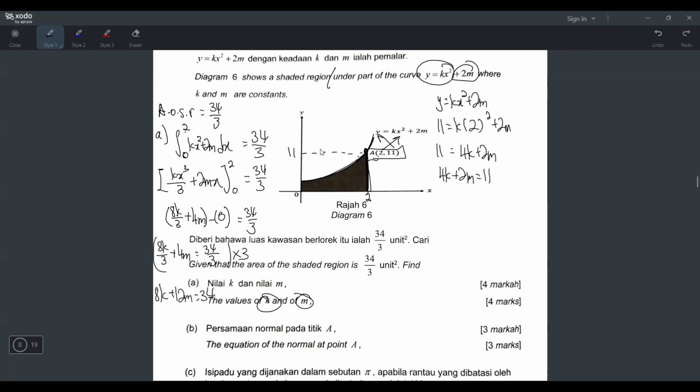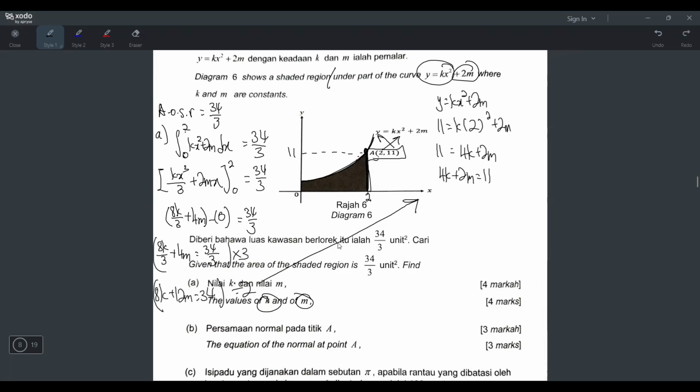Okay, I think I will choose to do the elimination method. And the way we do the elimination method is to try to make the coefficient of k the same, or make the number in front of m the same. Because when the number in front is the same, we can eliminate, right? Okay, I will make the number in front of k the same, because this one is 8k, right? So I will take this whole equation, divide by 2, and then write it down here.